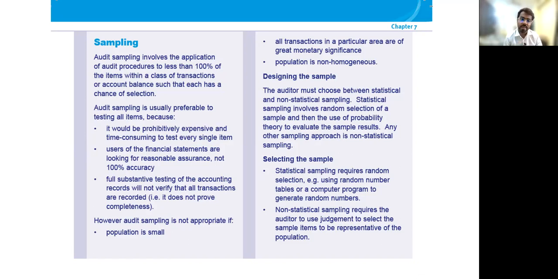Okay. Next, audit sampling is usually preferable to testing all items because it would be prohibitively expensive and time consuming to test every single item which is there in the population. Every single transaction, it will be very expensive and time consuming.